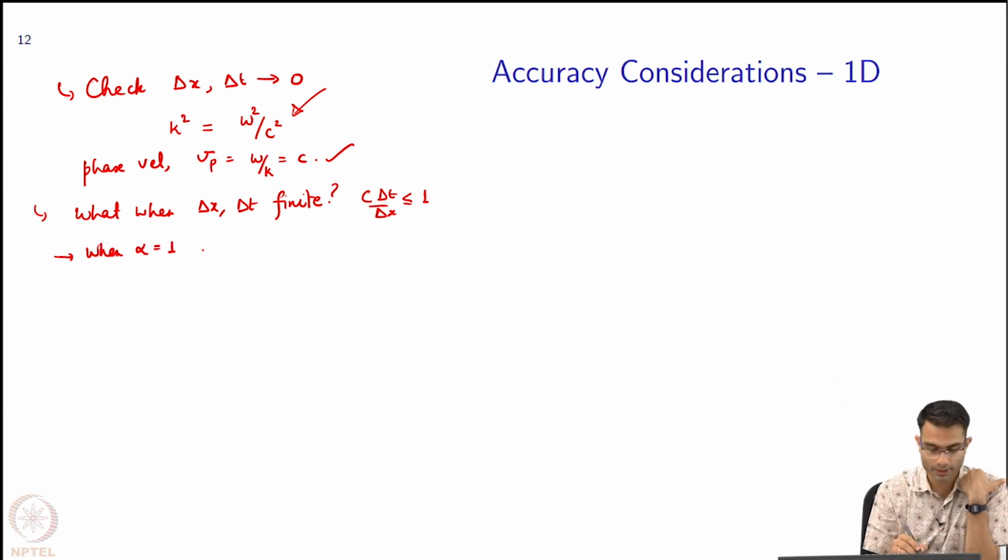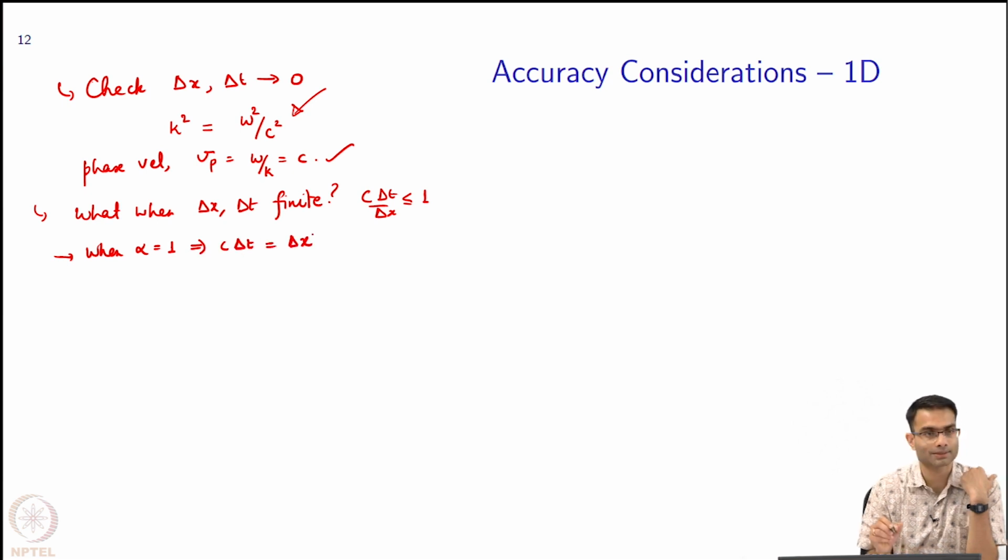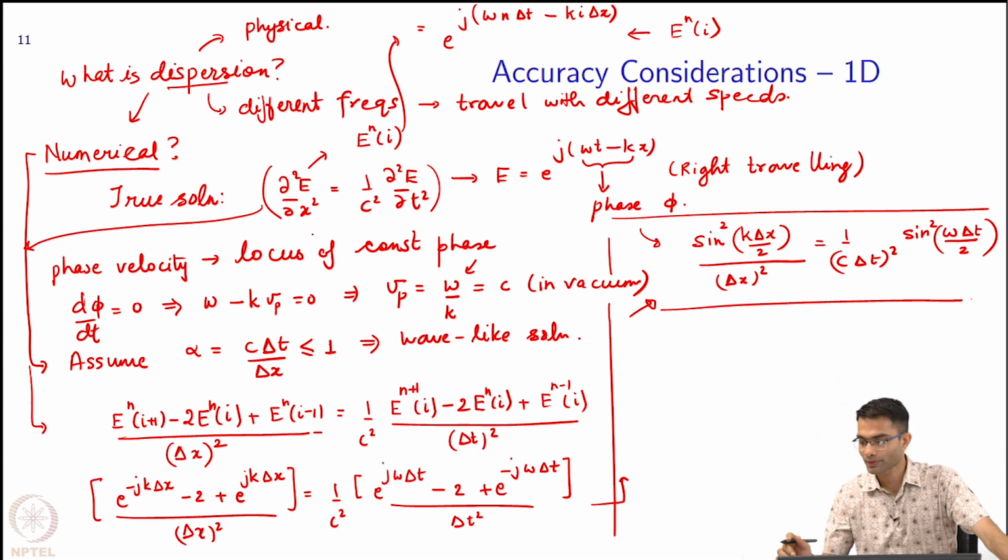It's allowed, right? So, then what happens? c delta t is equal to delta x, okay. So, then what happens over here? If I now substitute omega is equal to ck, is it consistent on both sides? So, that value is a solution to this equation, it is satisfying it, right.